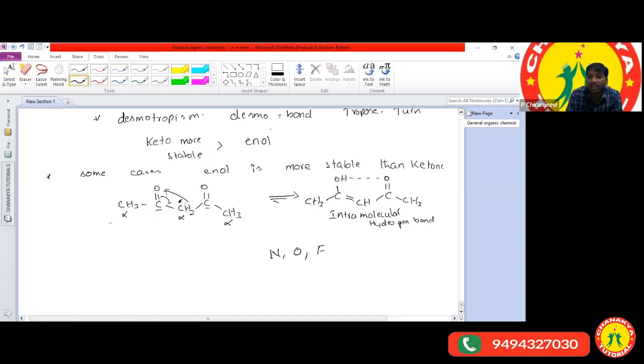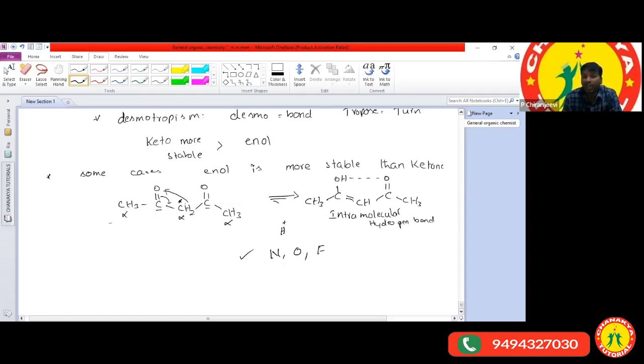Other than these three, we are not considering any other atoms. So the electrostatic attraction forces between positively charged hydrogen and highly electronegative atoms is called a hydrogen bond.